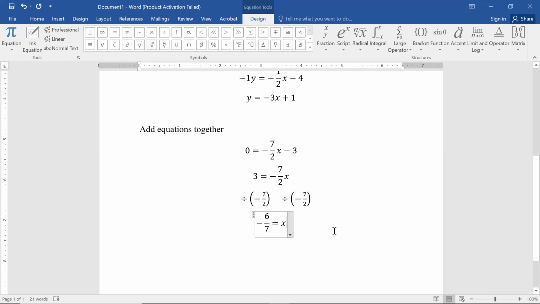That's perfectly fine. It's a number. Obviously, it's not a whole number. It's not an integer, but it's a rational number.